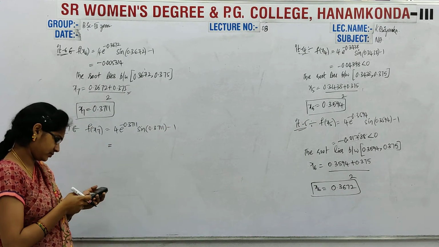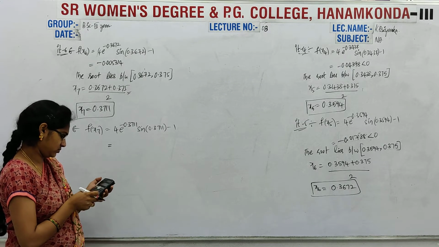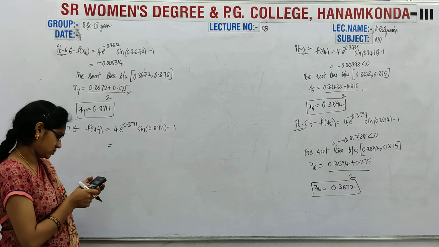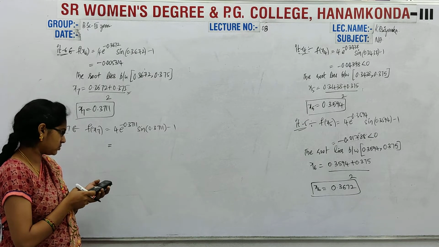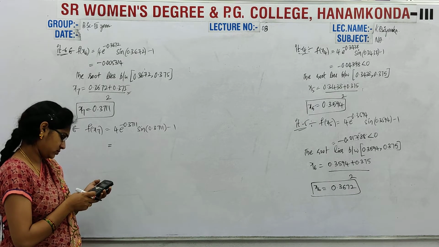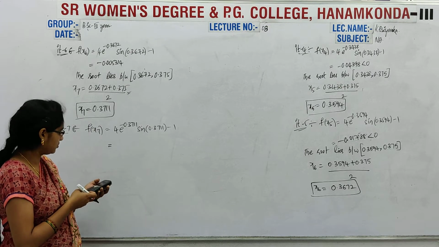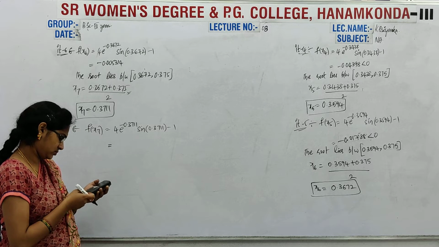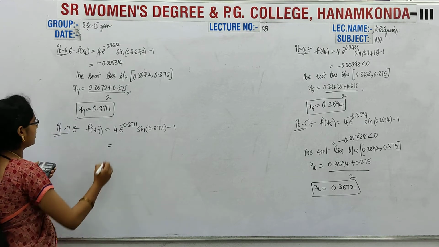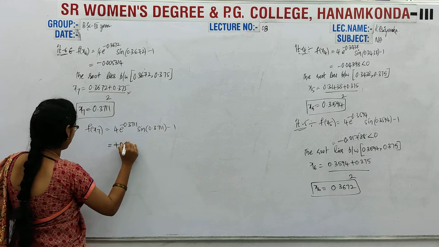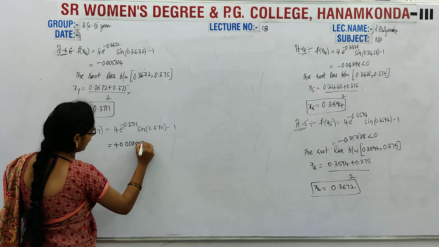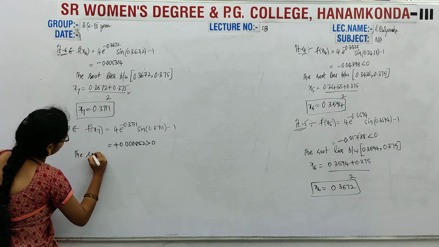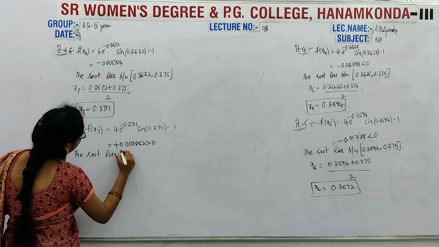Now it is positive 0.000852. So which is positive means what we can say, the root lies between.